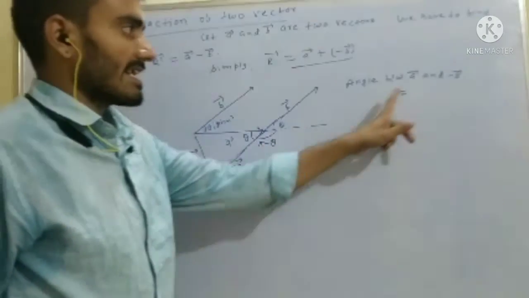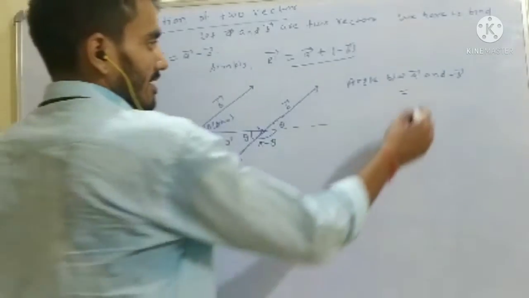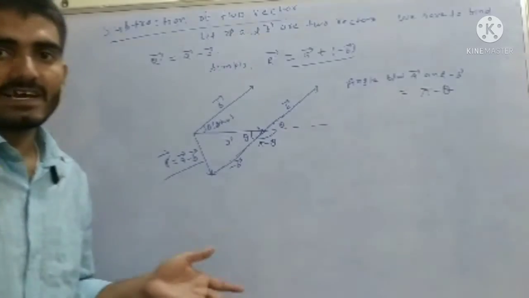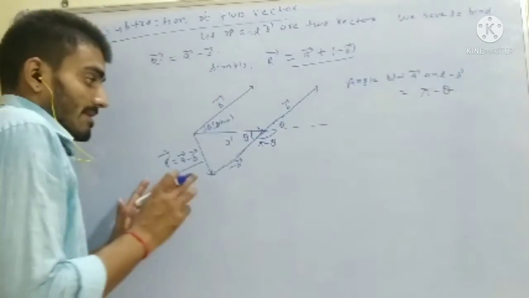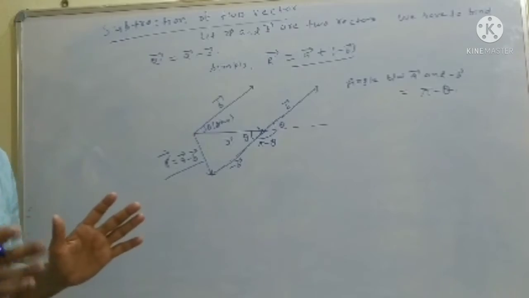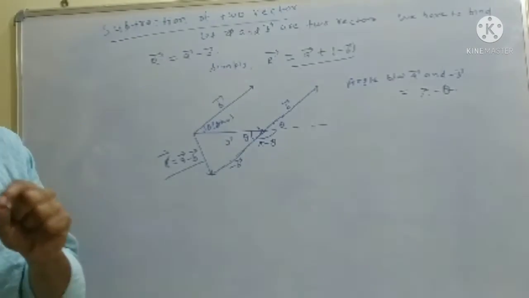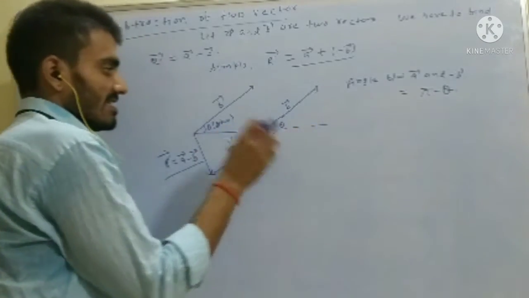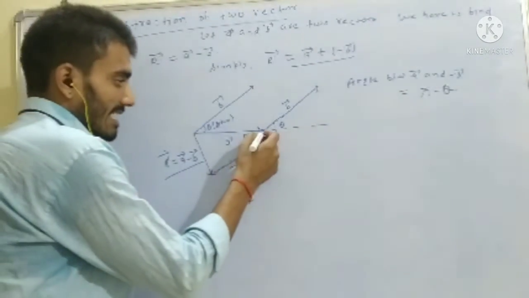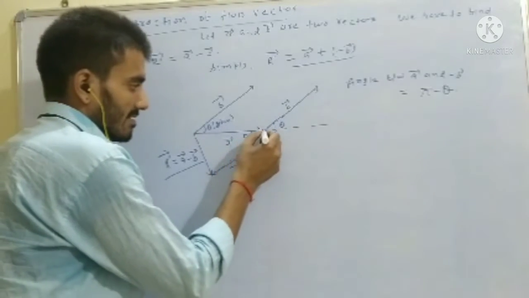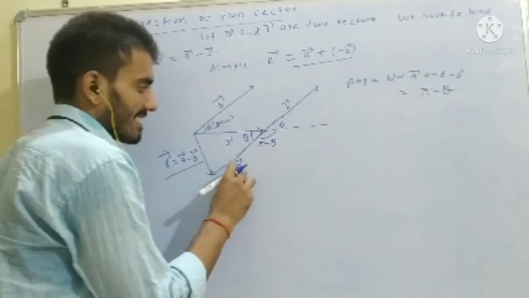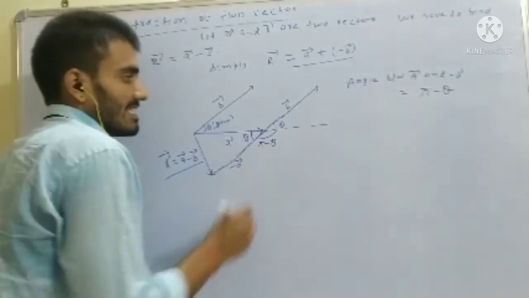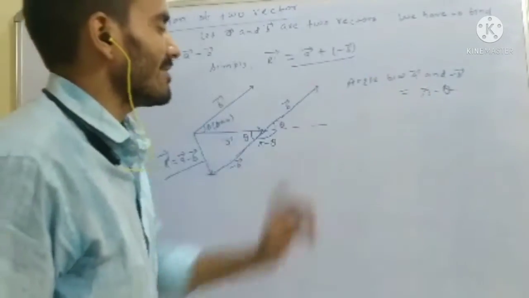So the angle between vector A and minus vector B equals pi minus theta. Be careful in finding the angle between two vectors. We should follow the condition that two tails or two heads are at a single point. Then vector A is replaced at this point such that its tail falls on this point, and the smallest angle is pi minus theta.